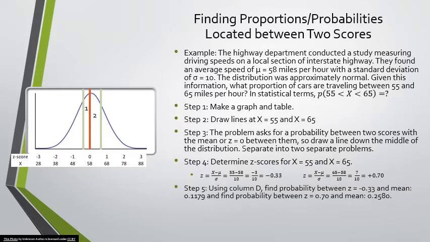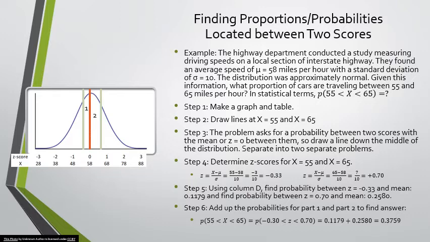Finally, you're going to use column D, and you're going to find the probability between the mean and z equals negative 0.33, and you're going to get 0.1179 on your table. And then you're going to find the probability between the z-score of 0.70 and the mean, and you should find 0.2580 on your table. Again, pause the video, make sure you can find these numbers on the table.